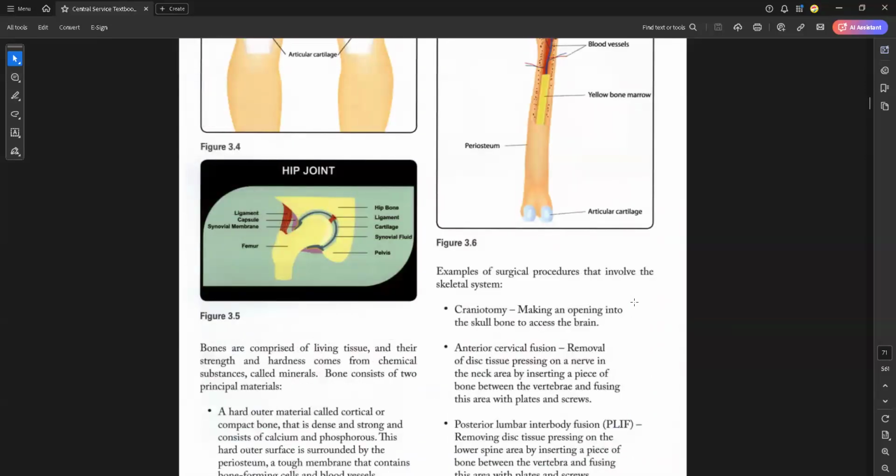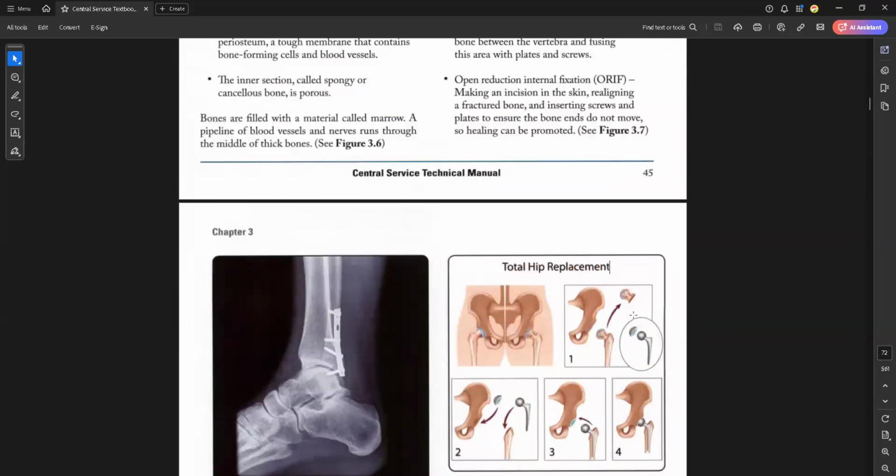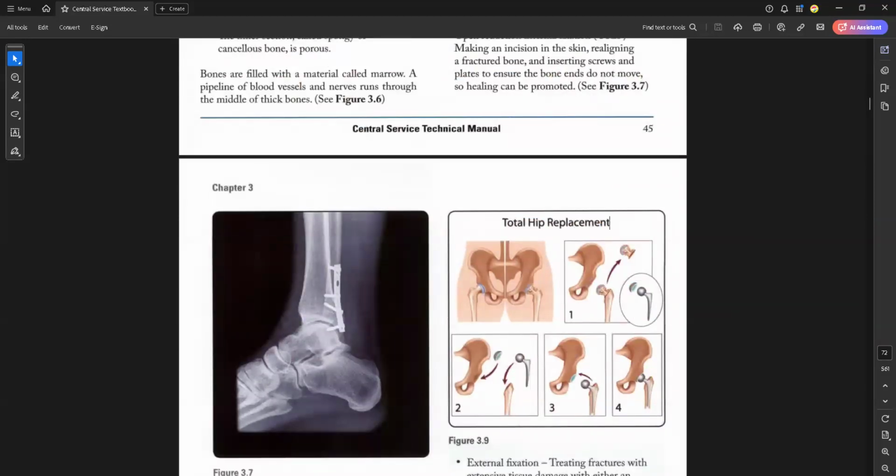I think when I say up, it's rather the opposite. Yeah, craniotomy. Where you have the craniotomy below the figure. So we have total knee arthroplasty, and then we also have a total hip replacement.